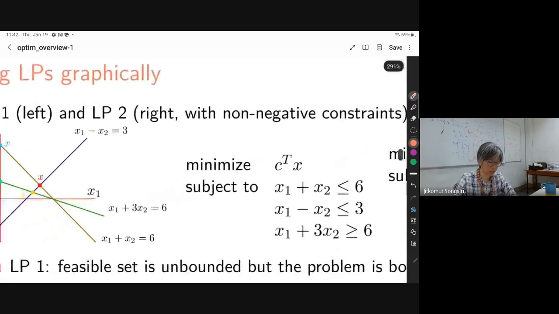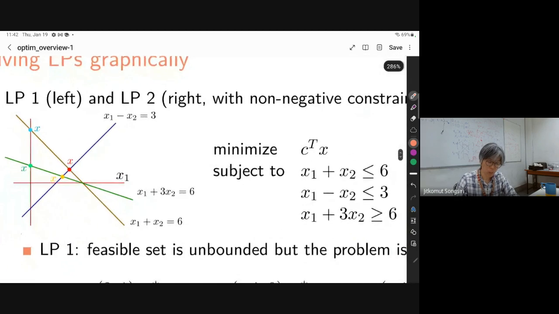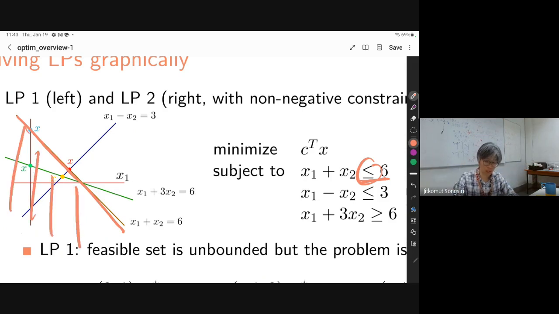Let's take a look at the first one. X1 plus X2 less than 6. That's this curve. If I have an inequality, which region? Below or upper the orange curve? Below. Okay, the second one, X1 minus X2, is this curve. I have an inequality.